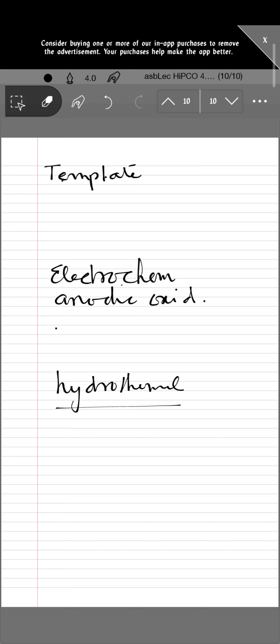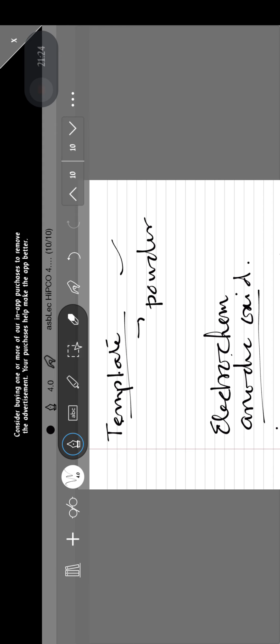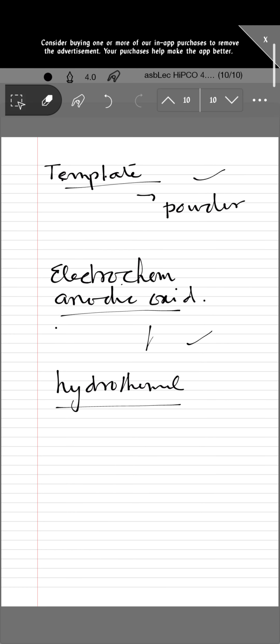Now these three have their own advantages and disadvantages. First of all, let me talk about the features of the TNT obtained. In the first two cases, the TNTs are pretty much ordered, but in the first case, the template case, it is formed in the form of powder, whereas in the second case, it is formed as a thin film.